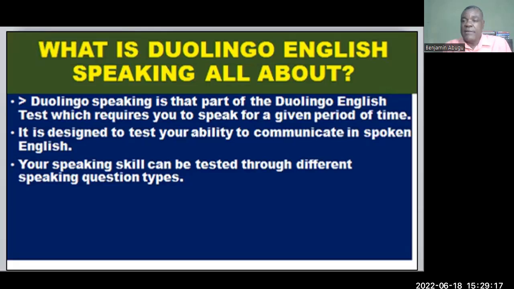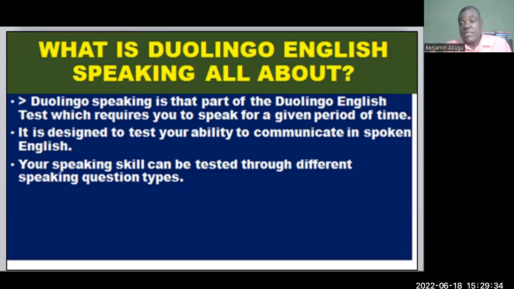You can be given a written prompt or an audio prompt, and you are asked to speak on the given topic or whatever you are asked to speak about. And you are given a specified period of time to talk about it.